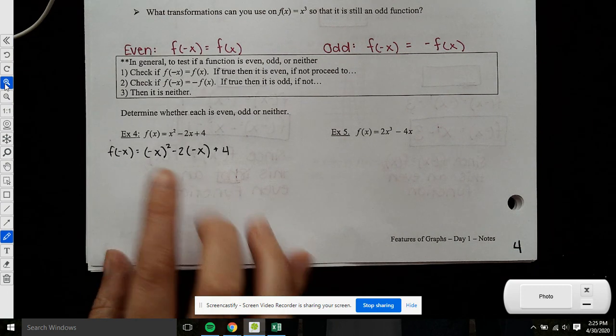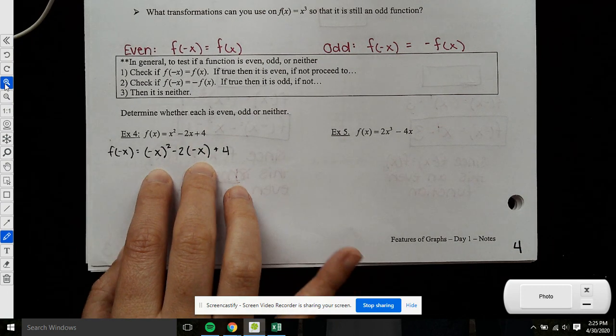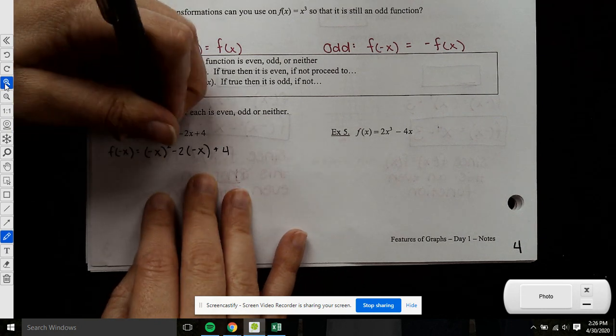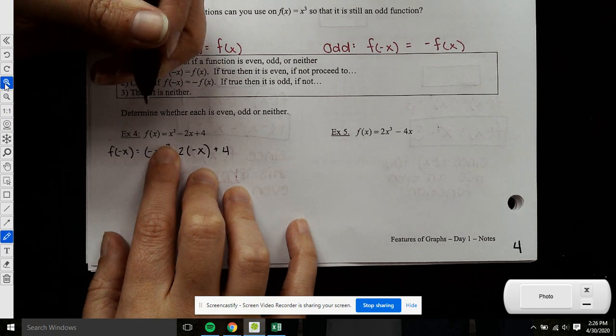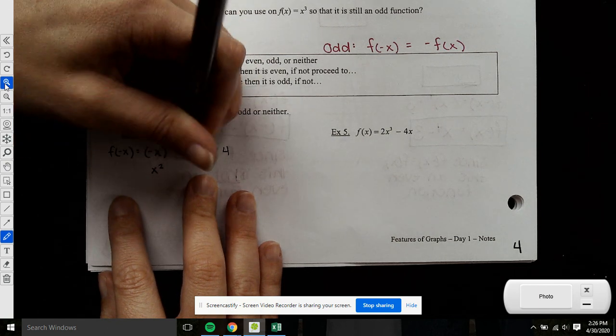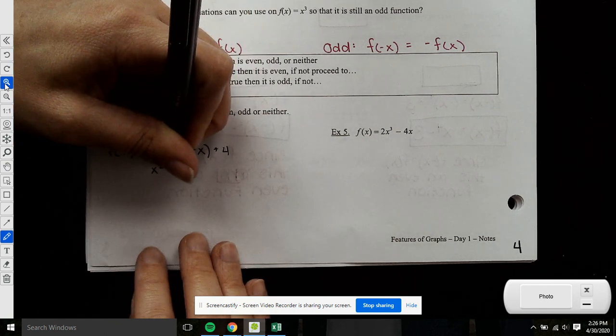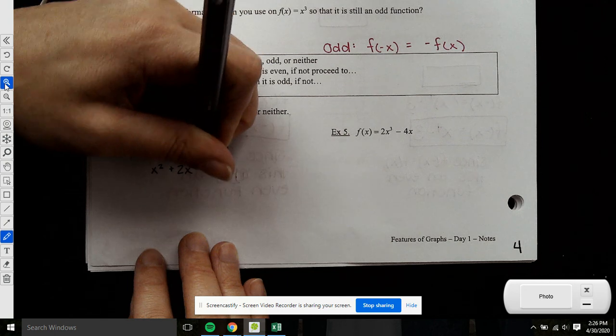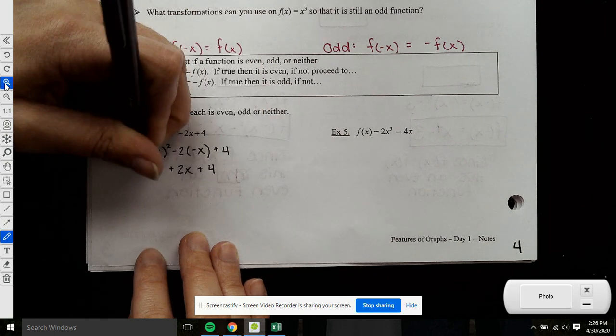Notice I've replaced the x's with negative x. Now, negative x squared, because I have a negative to an even power, that's going to be x squared. Negative 2 times negative x turns out to be plus 2x, and then I have plus 4 on the end.